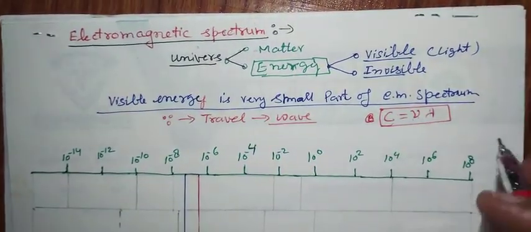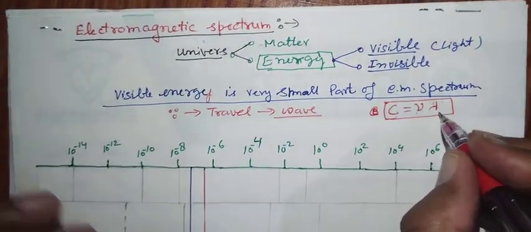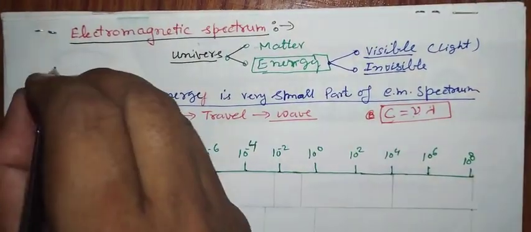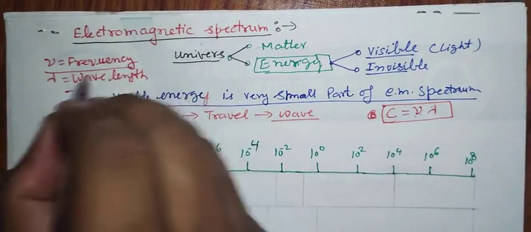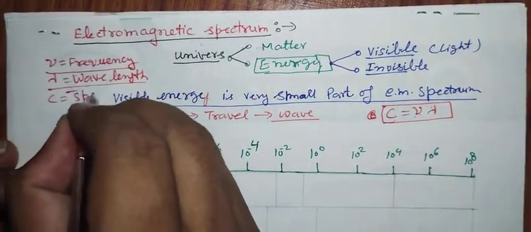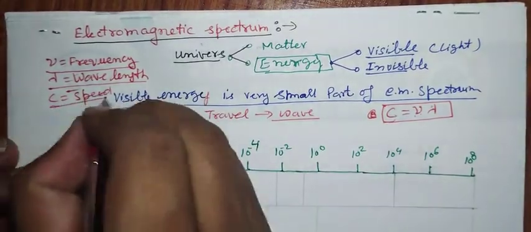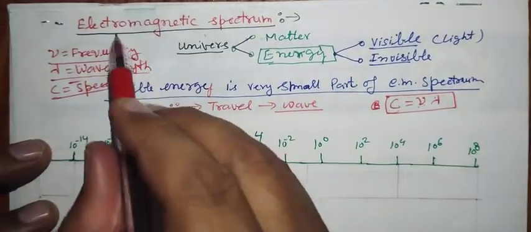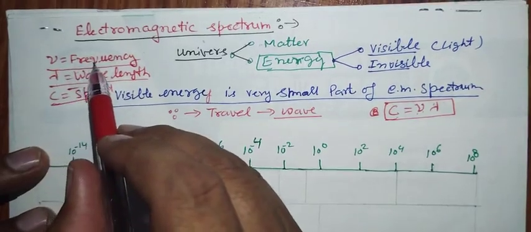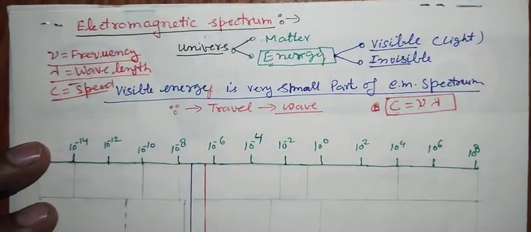Nu denotes frequency and lambda denotes wavelength. This frequency nu and wavelength lambda, and c is the speed of the electromagnetic wave. This electromagnetic wave is divided on a scale of frequency and wavelength range.